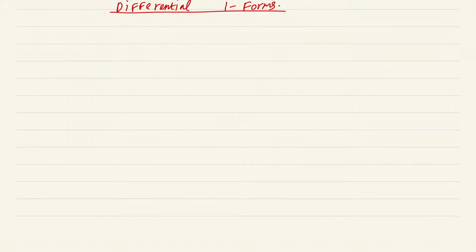We had ended the last video with this pseudo notation, the integral over gamma of f1 dx1 plus dot dot dot fn dxn. And our goal was to make this notation precise.